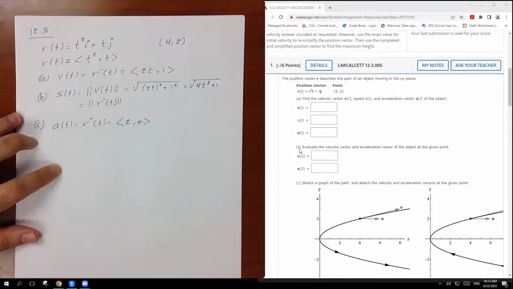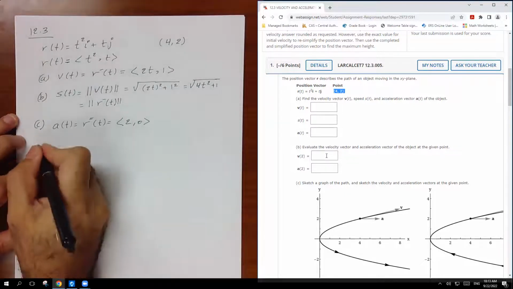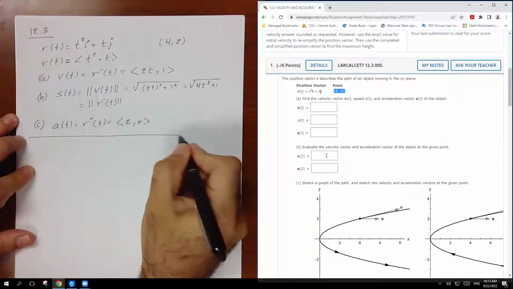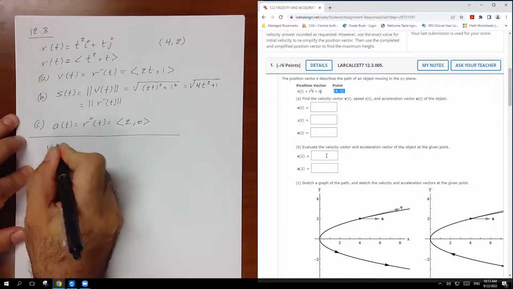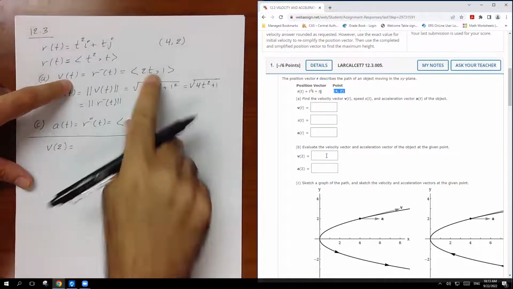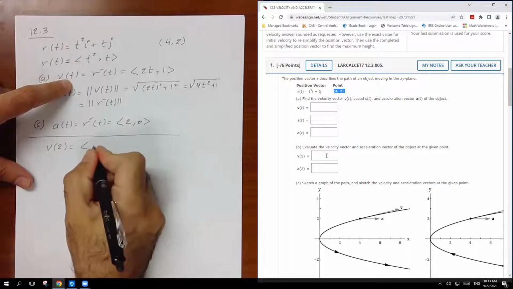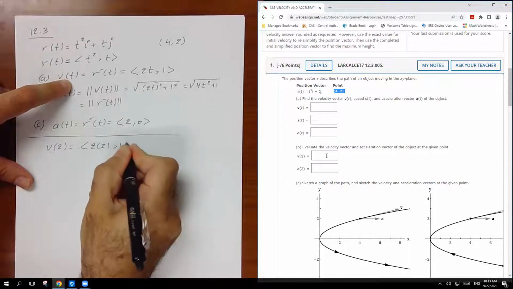So B, they ask you to find v over 2. That means we're going to use the velocity when t equals 2. This is the second part. So here is the vector, which is going to be 2 times 2, and here is 1.